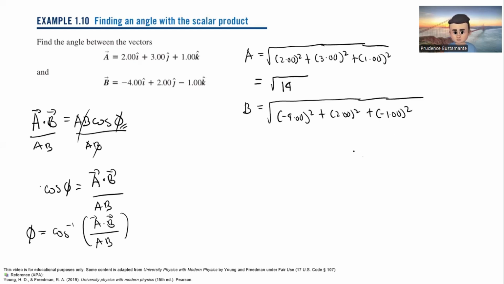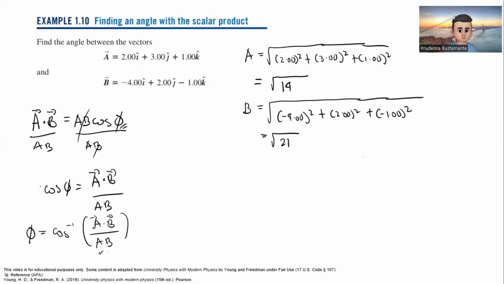Because of the squared, they will become positive. So we have square root of 21.